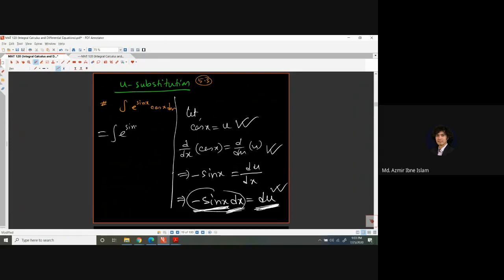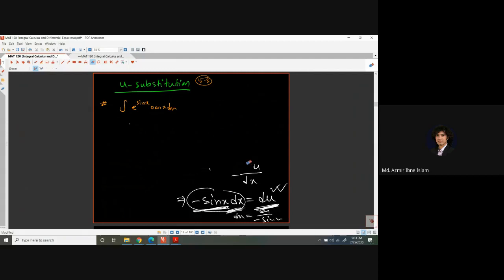We have e to the power sine x, and cosine x is converted to u, but for dx we can write dx equal to du over negative sine x. So things are going to be very complicated, because we still have x here. Whatever function we considered as u, that is not suitable. So we have to think again. That is the trial and error process. You will learn by making mistakes.